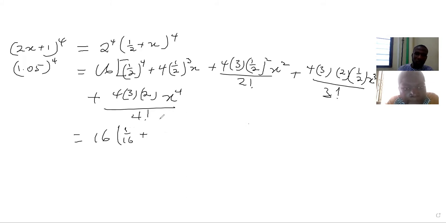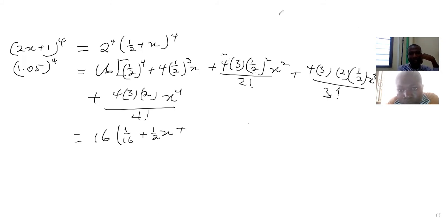So it will be 1 over 2x, then plus, this one will cancel the 2 here. We have 6 times this. So this is 6, this will be 4. Now 6, this cancels here 2, right?